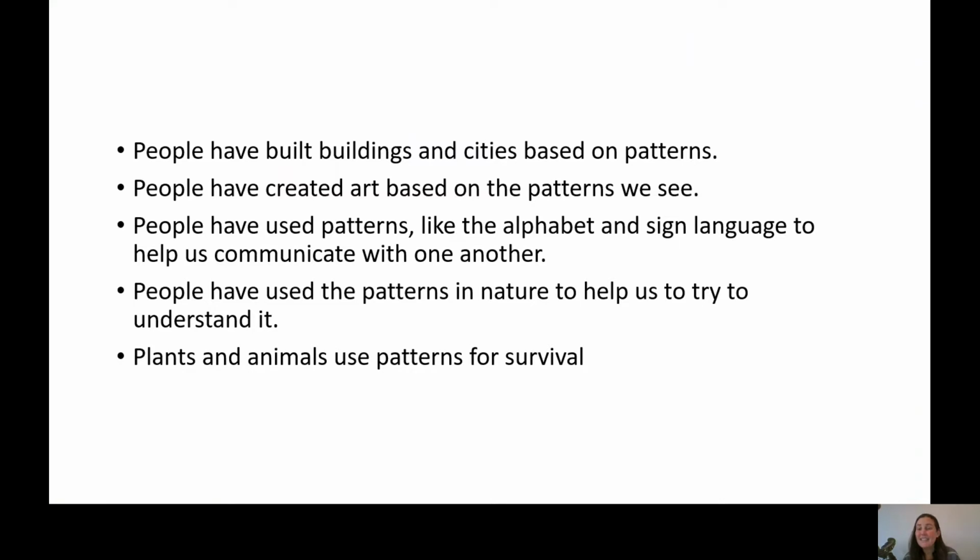And people have used patterns in nature to help us understand nature a little bit more. And the final one is the one we've been looking at in the last two lessons, that plants and animals often use patterns for survival, maybe to find their food or water, or to hide from predators, like in the camouflage that we were talking about. You might have also thought of some more reasons, so well done if you thought of any that I haven't.